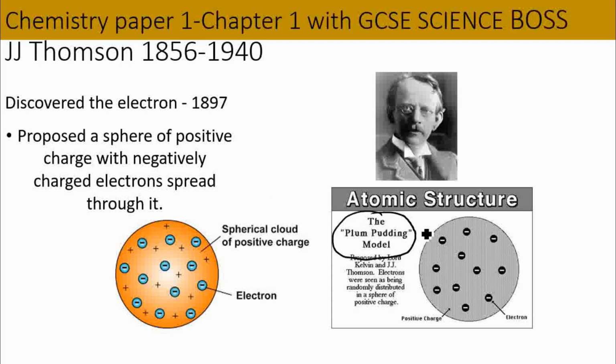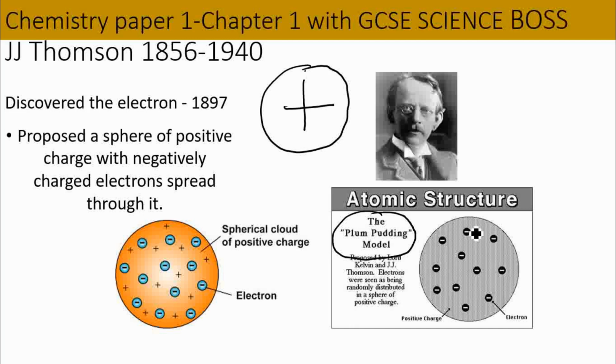Now, in this model, what they describe the atom as is this big positive spherical cloud. Think about it as this big cloud which has a positive charge, and in that positive charge you're going to have your electrons, which are negative, dotted all throughout that structure, much like a plum pudding, or a pudding with raisins.